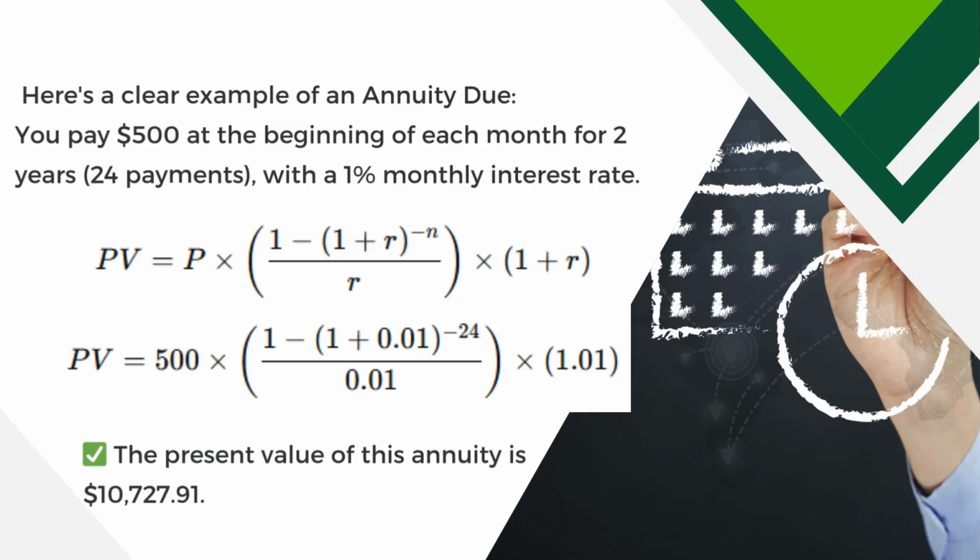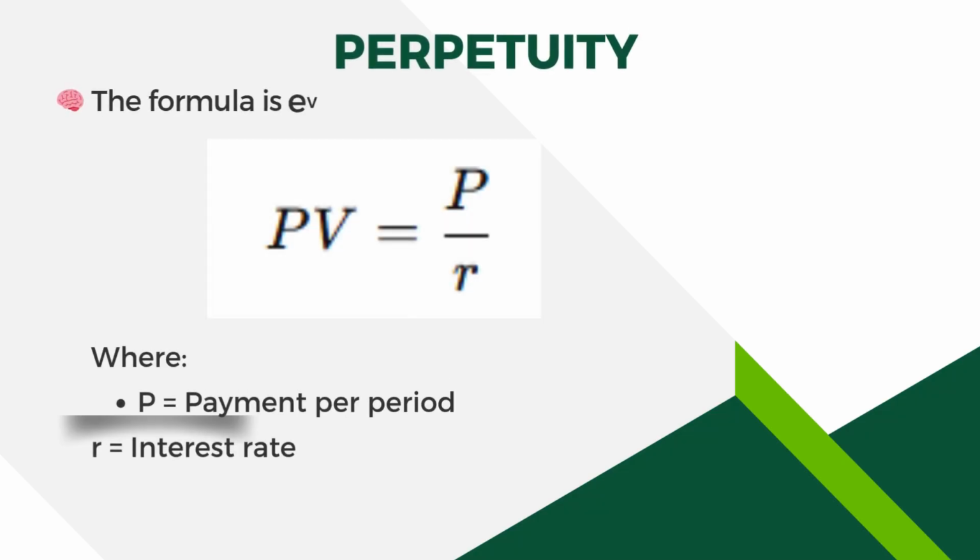PV equals 500 times 21.455. PV equals $10,727.91. The present value of this annuity is $10,727.91.